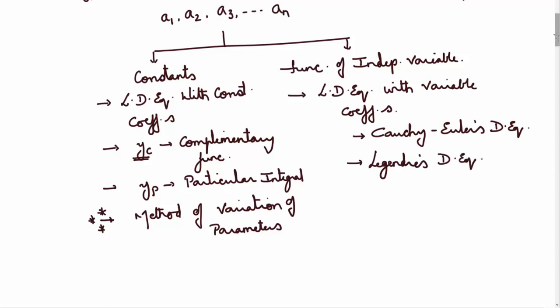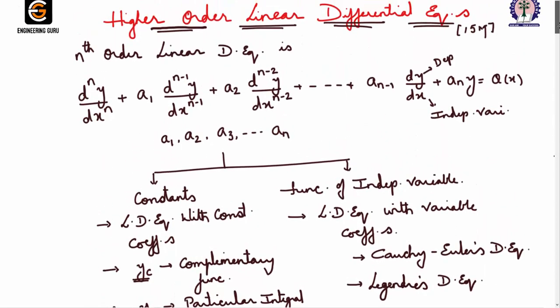Now again, let's go back to our linear differential equation of nth order. It is of the form d to the power n y by dx to the power n and so on, plus an minus 1 into dy by dx plus an into y is equal to q of x, right? Now what I'll do is, instead of these derivatives, that means instead of d to the power n by dx to the power n, I'll be denoting this as capital D to the power n.